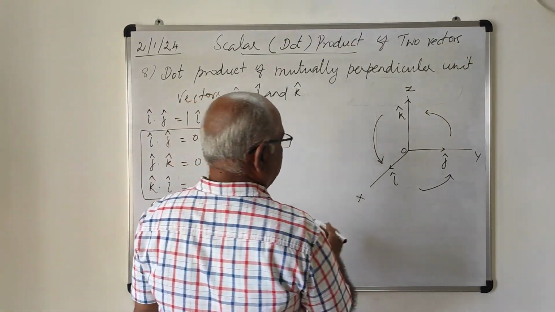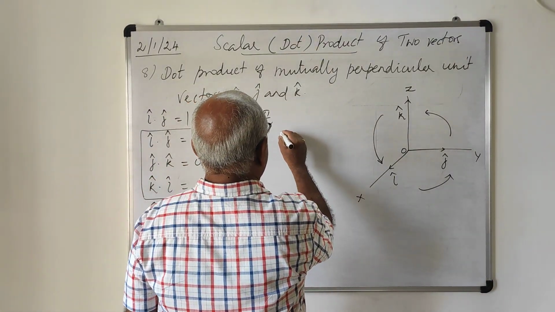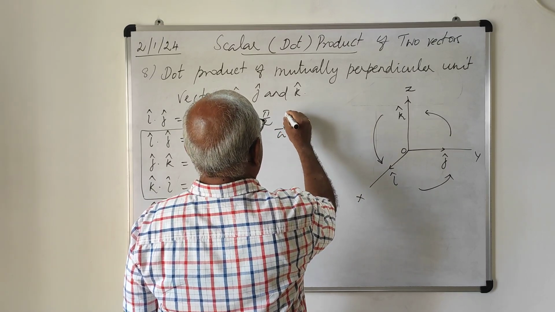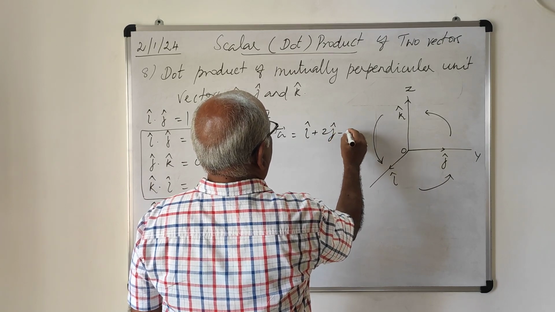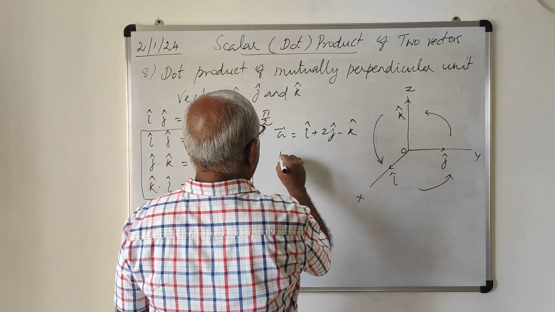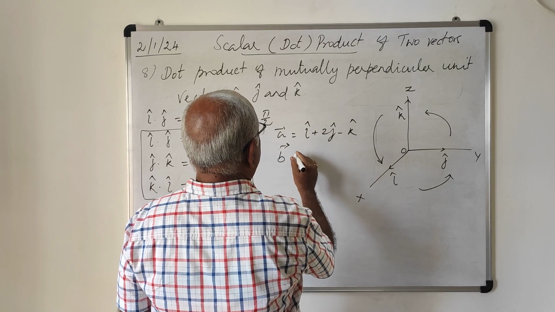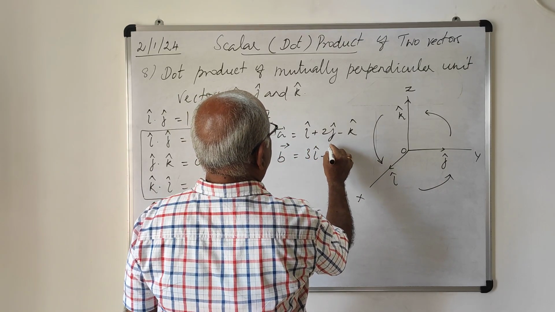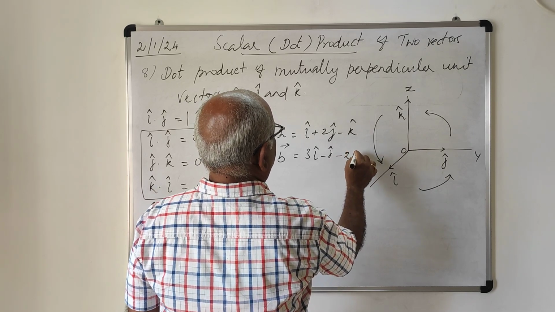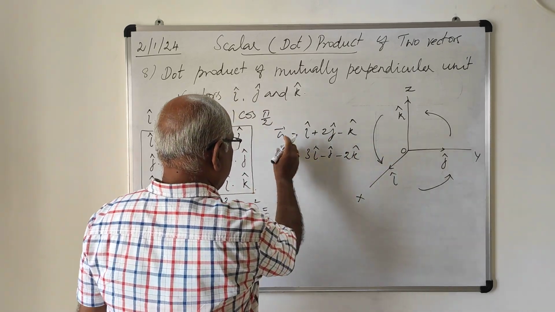For example, consider the vector A is I vector plus 2J vector minus K vector. B vector is 3I vector minus J vector minus 2K vector. I want the dot product of these two.